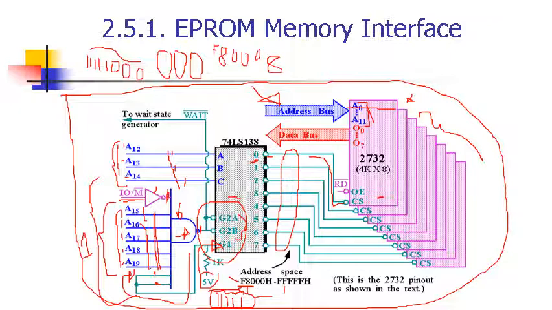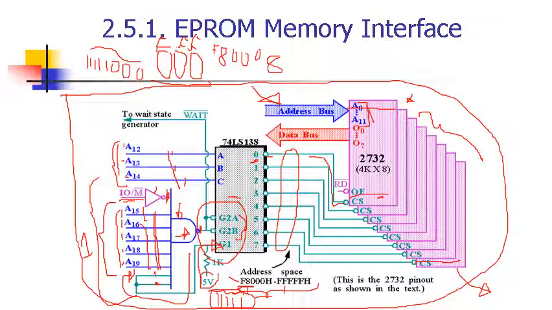And your end address is when these are made hexadecimal ones, which means F, F, F, which is the ending address of your chip. Okay, so your address space now is correct from F8000 to FFFF.